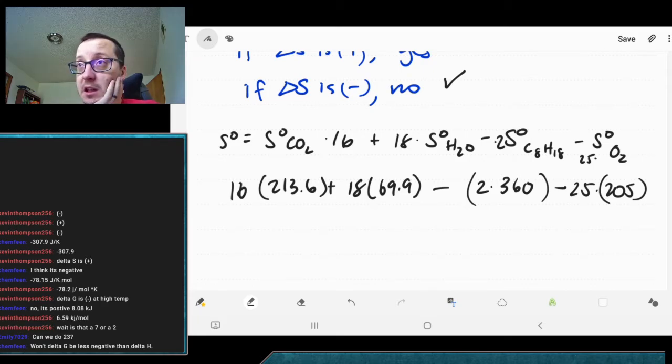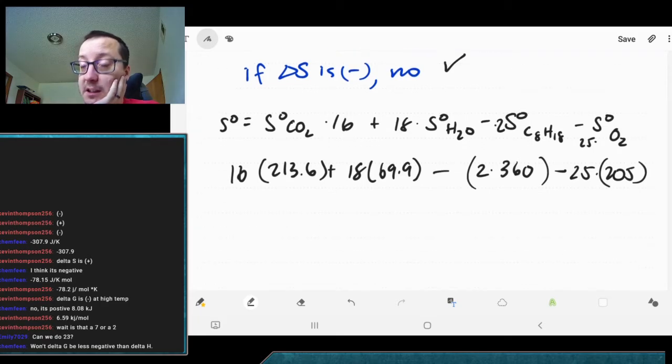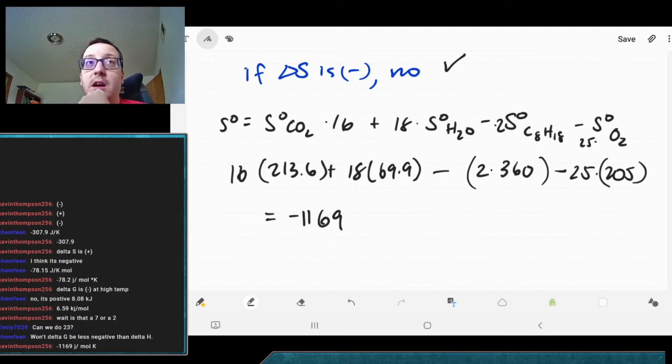And we end up getting a negative delta S here. So we get negative 1,169. So indeed, it does look like the gases have won out yet again. It does seem that the gas is the more important entropically determinant component here.